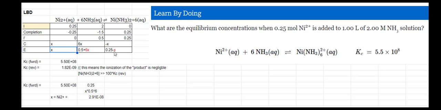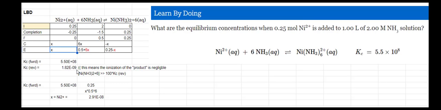And that's because the equilibrium for the reverse reaction is really, really negligible, because this is so highly product favored that the amount of complex that's going to break up into its constituent components is going to be really small, like before in the previous problem, because the K for the reverse reaction is 1.82 times 10 to the minus 9th.